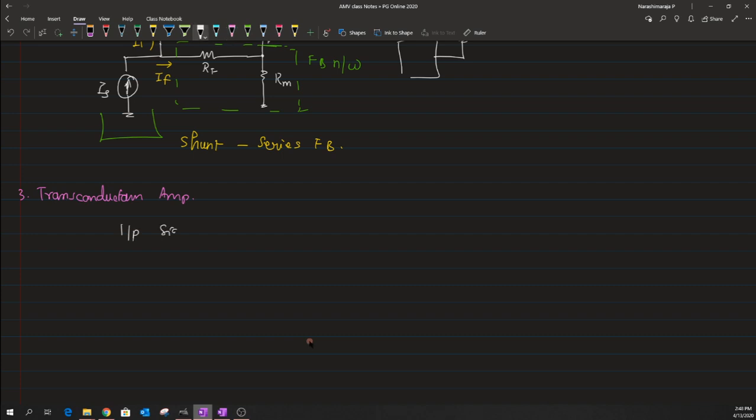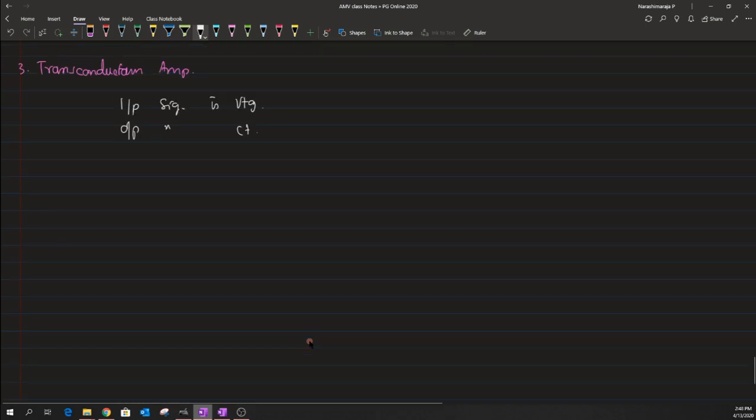The input signal for the transconductance amplifier is a voltage, and the output signal is a current. So now, clearly based on the first two phenomena, one could really say what type of feedback topology is really required.